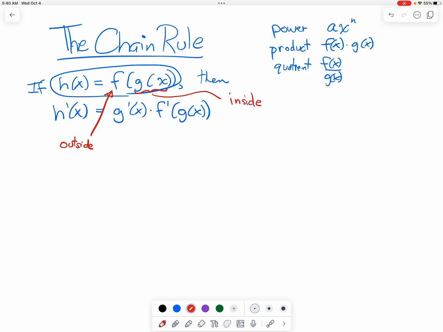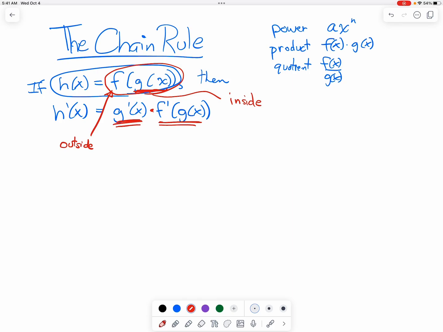What you do is you take the derivative of the inside, that's g prime of x, and then the derivative of the outside, leaving the inside function alone, f prime of g of x. Now since they're being multiplied, they can be commuted, of course. That means you could take f prime of g of x and then times g prime of x. But this is how it's usually written: take the inside derivative first and then the derivative of the outside with respect to the inside.